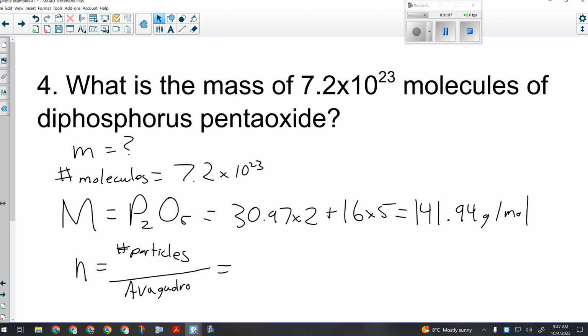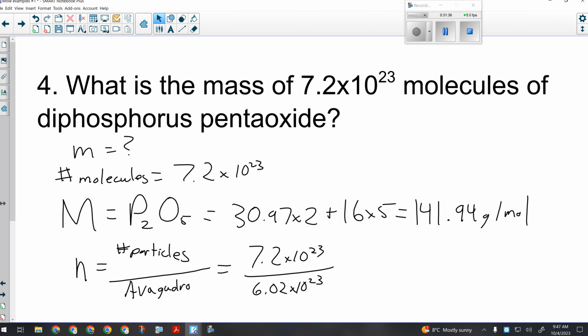All right, so I would take my 7.2 times 10 to the 23 and divide it by 6.02 times 10 to the 23. Now, if you're remembering something from math about exponents, since these are the same, do I need to bother putting them in? No, I can just go 7.2 divided by 6.02 because they have the same exponent. It's one of those little tricks. You can type the whole thing in if it makes you feel better.